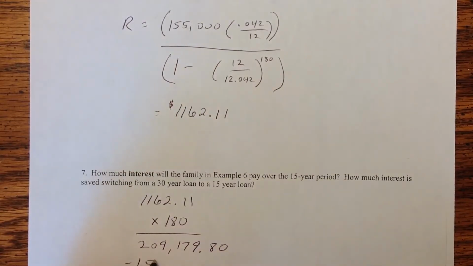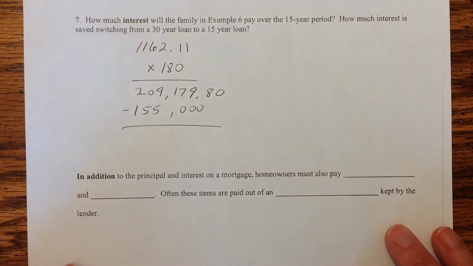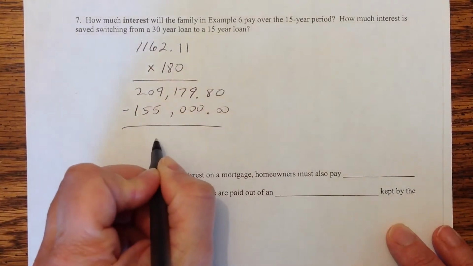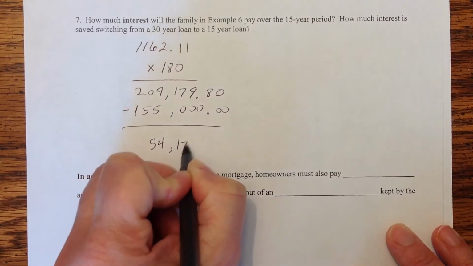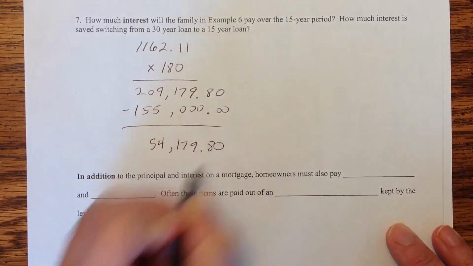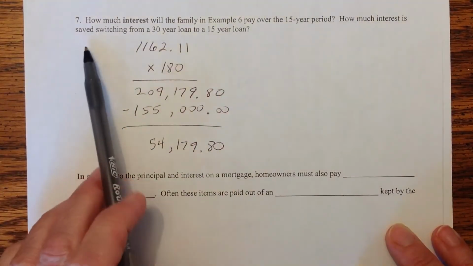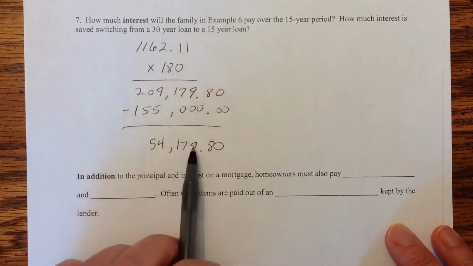You subtract what you borrow, and the remaining value is the interest. So your interest is $54,179.80.